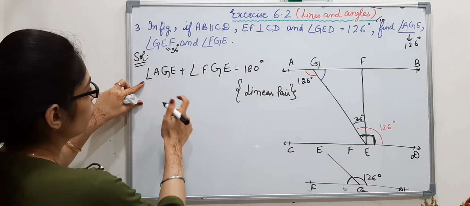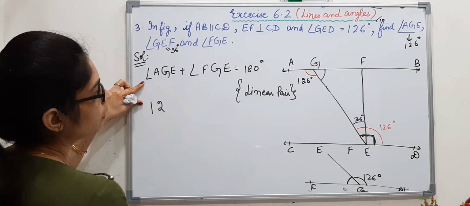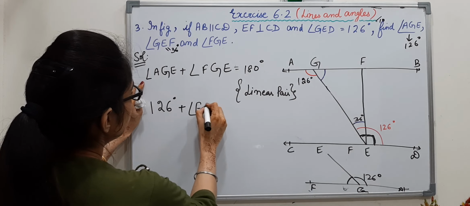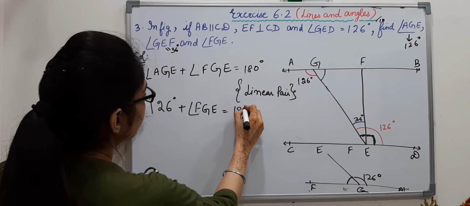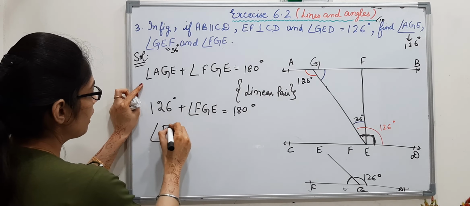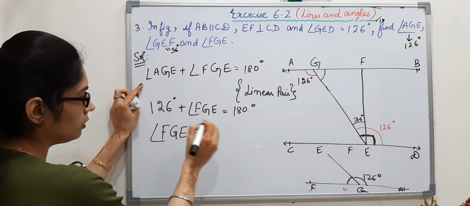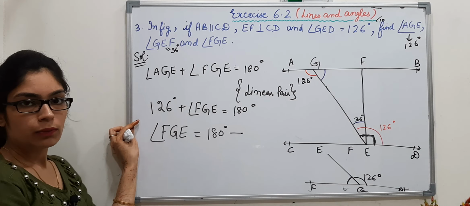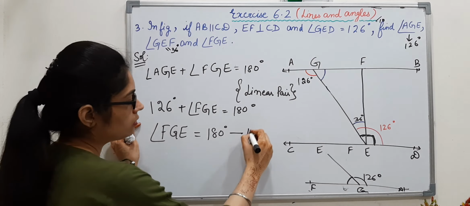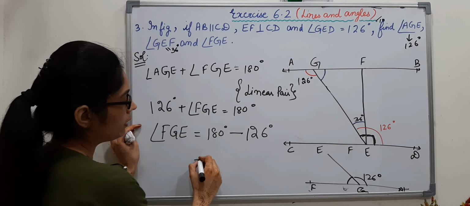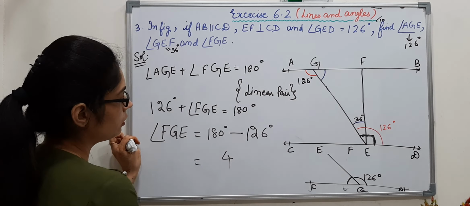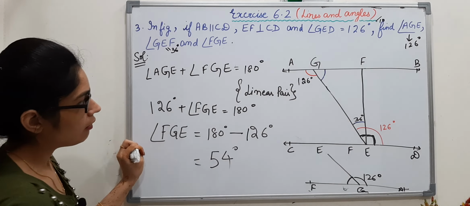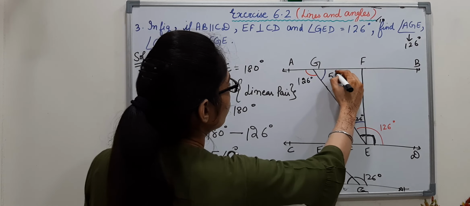Then we know the value of AGE, which is 126 degrees, plus angle FGE is equal to 180 degrees. We need to find the value of FGE. We'll keep FGE on this side and 126 will shift to the other side. So plus 126 on changing the side will change to minus 126 degrees. Now we can do the subtraction. So angle FGE is equal to 54 degrees.